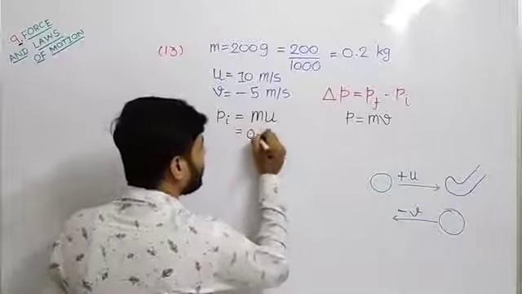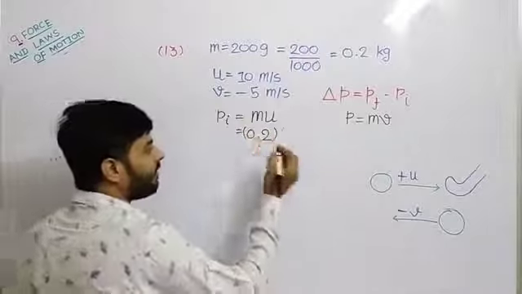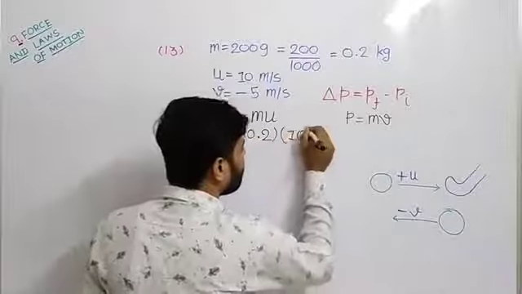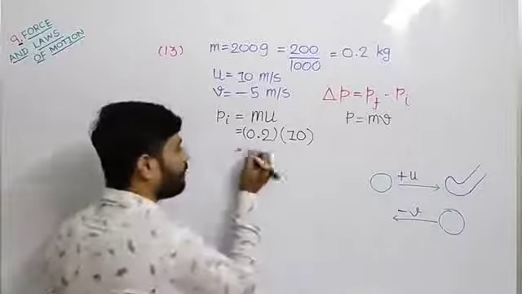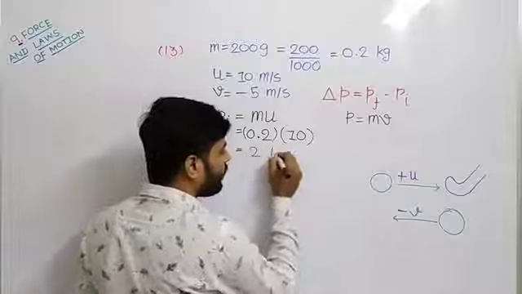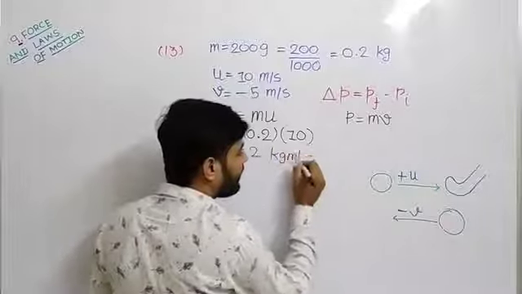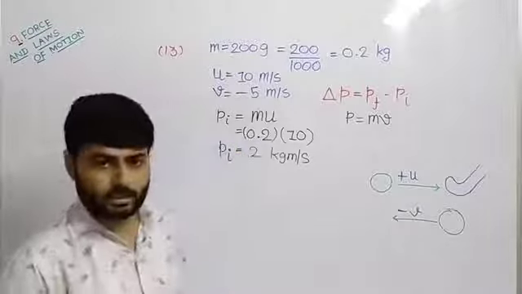So mass is 0.2 kg and initial velocity is 10 meter per second. So I have 0.2 into 10, that is 2 kg meter per second as my initial momentum.